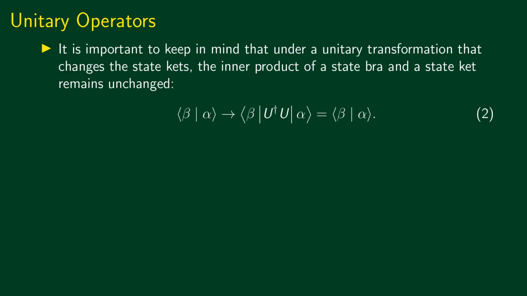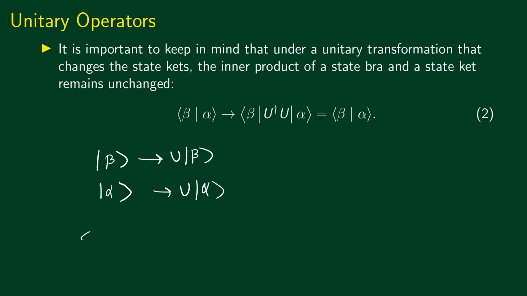Now all this is made possible because the inner products do not change when you make a unitary transformation. For example, suppose the state ket beta goes to U ket beta, and the state ket alpha goes to U ket alpha. It's the same transformation on both these states.